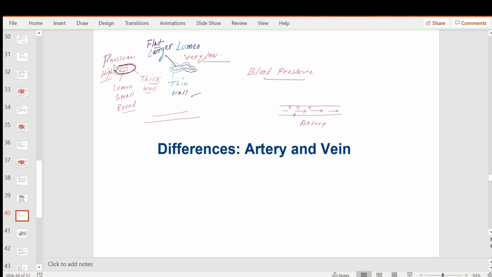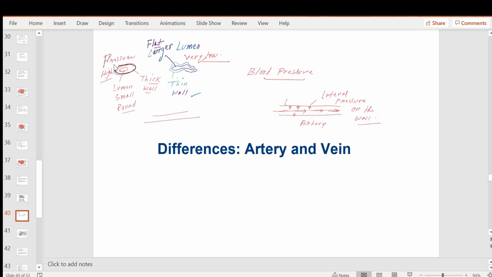So this is the main pressure that moves the blood through the arteries. However, while the blood passes through the arteries, pressure falls on the wall, and this pressure is called the lateral pressure. So blood pressure is the lateral pressure given or exerted on the arterial wall. So this is the wall. Okay, so blood pressure is the lateral pressure exerted to the wall of the artery while the blood passes through it.